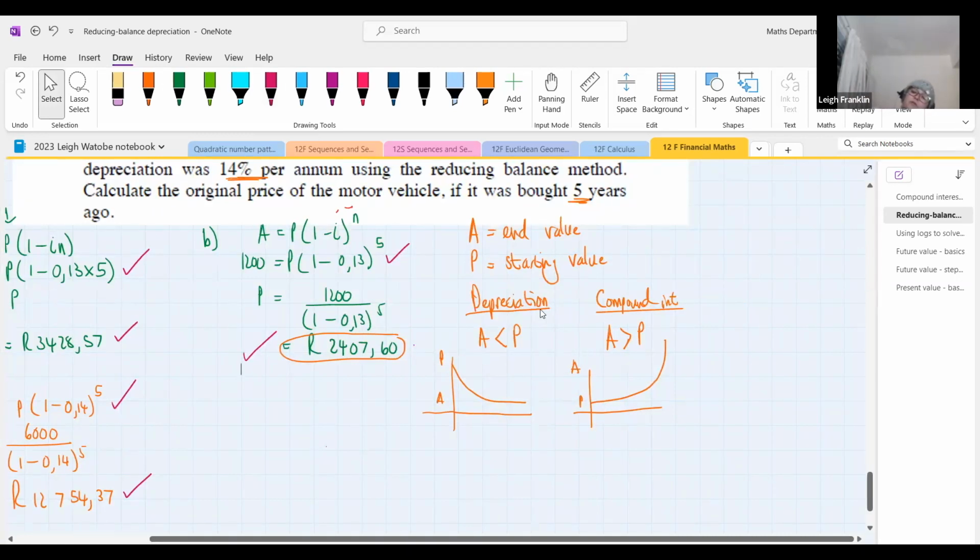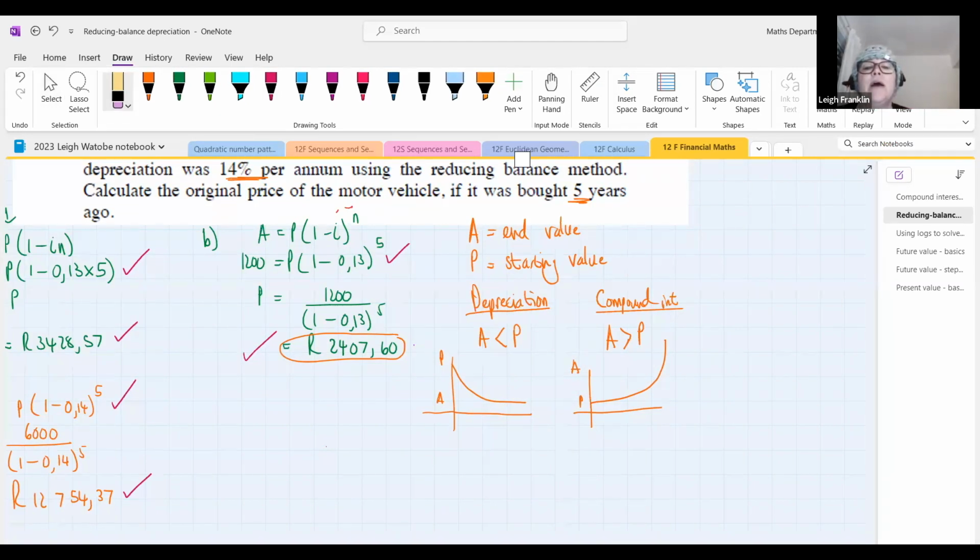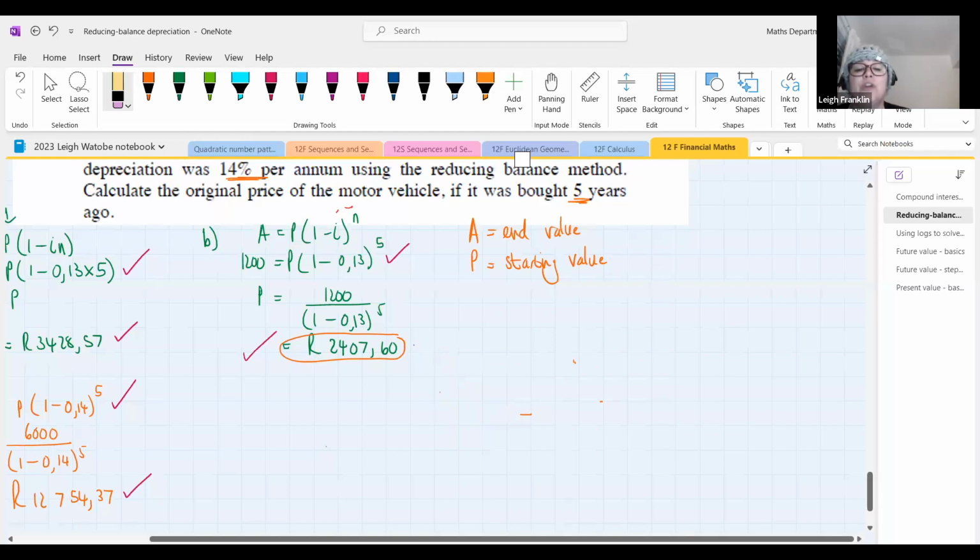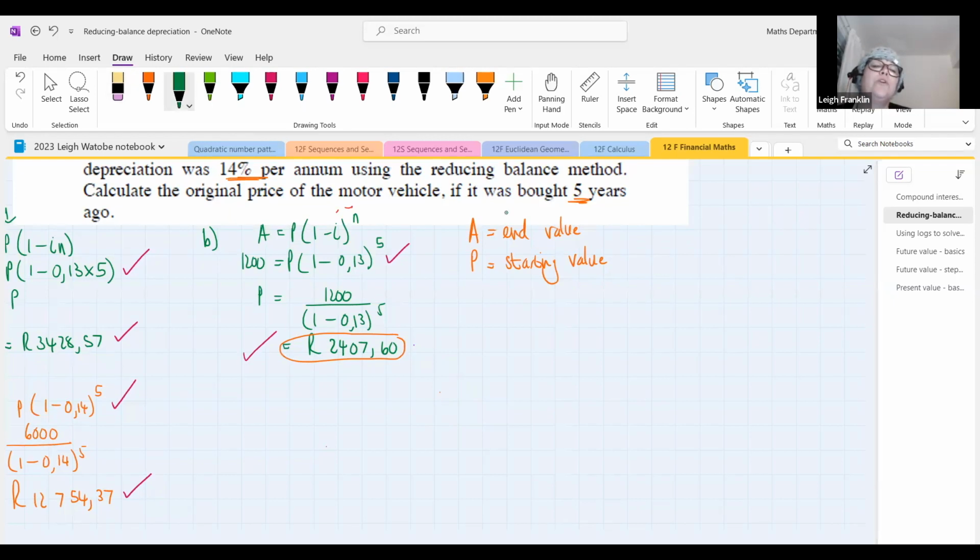depreciation using a graph. As I was saying earlier, A is always your end value, and P is always your starting value. That doesn't change. What changes is which one is worth more, depending on whether something is depreciating.